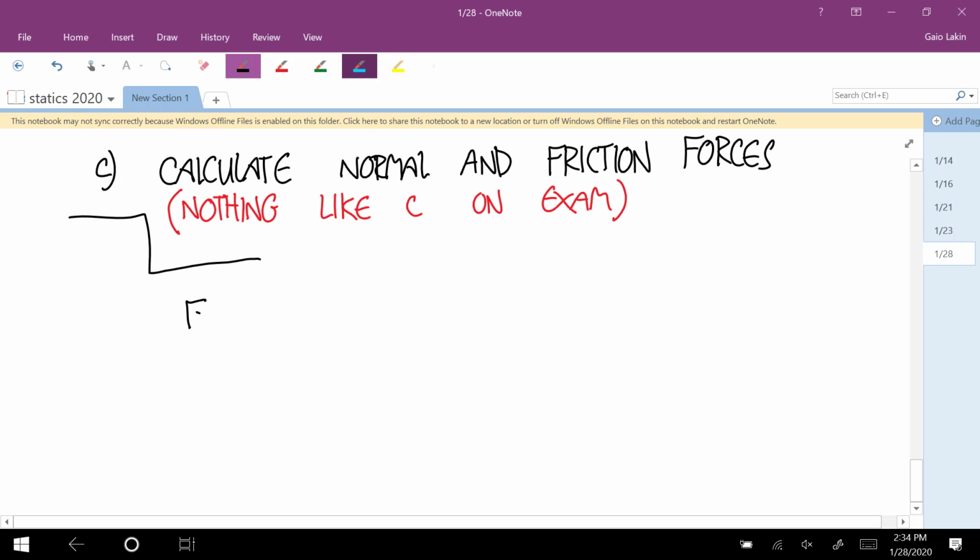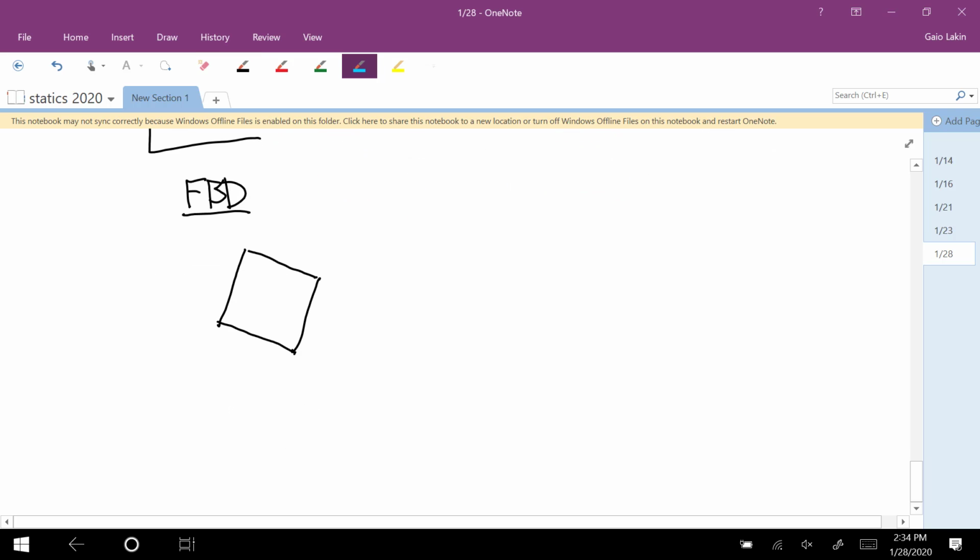All right, so first I'm going to do a free body diagram. There's a weight force of 20 kilograms times 9.81, so 196.2.